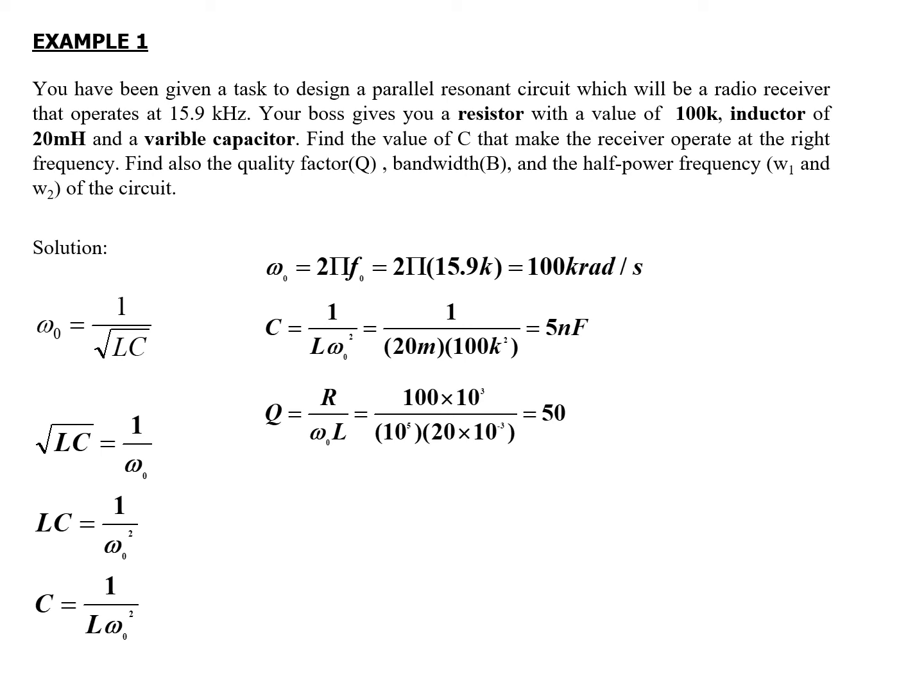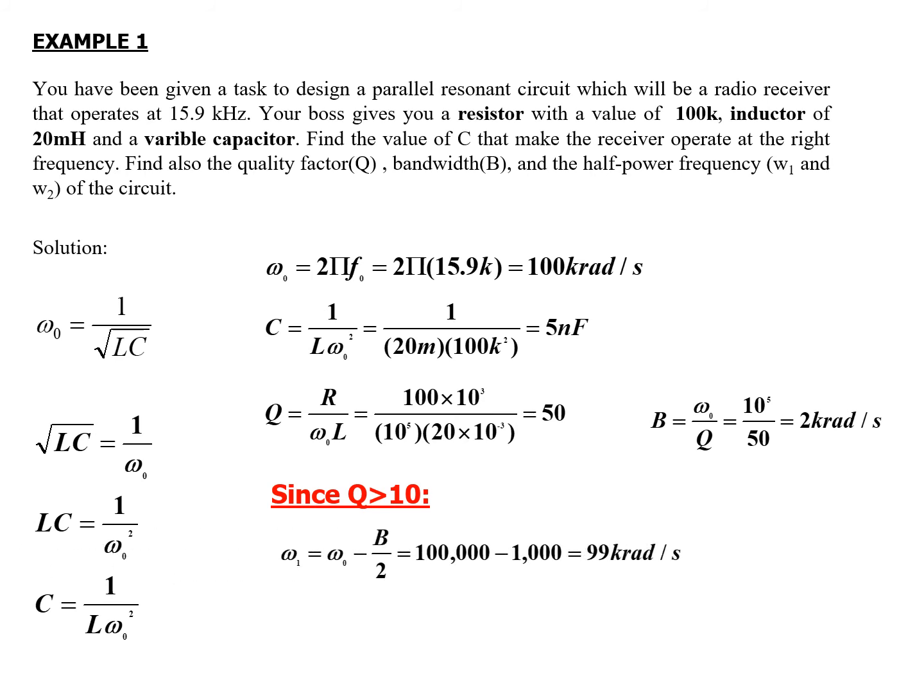Just plug in the values, you'll get 50. The bandwidth is ω0 over Q. ω0 we've obtained earlier, it was 100 kiloradians, divided by 50, and you'll get bandwidth is 2 kiloradians per second. Since Q is greater than 10, ω1 is as shown, which is 99 kiloradians per second, and ω2 is 101 kiloradians per second.